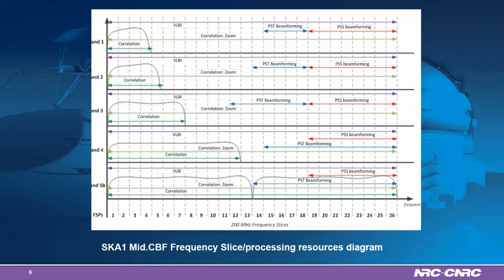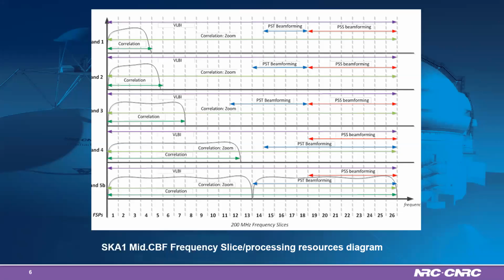So this just shows how the 26 frequency slice processors for the SKA mid correlator can be used for various observing objectives depending on what band things are operating in. So you can see in the lower bands where there's not as much instantaneous bandwidth in the digitized band, there's lots of frequency slices available for both imaging and also for zoom windows and pulsar beamforming.